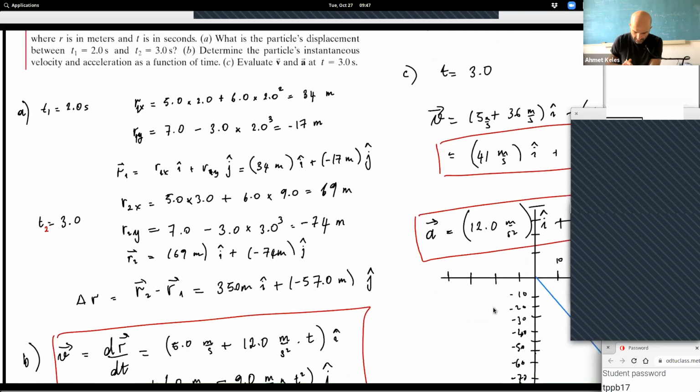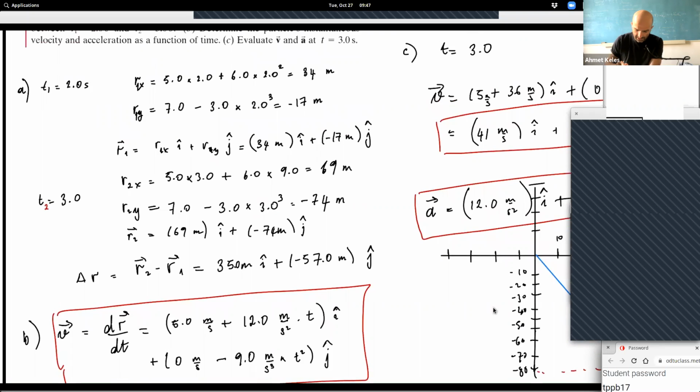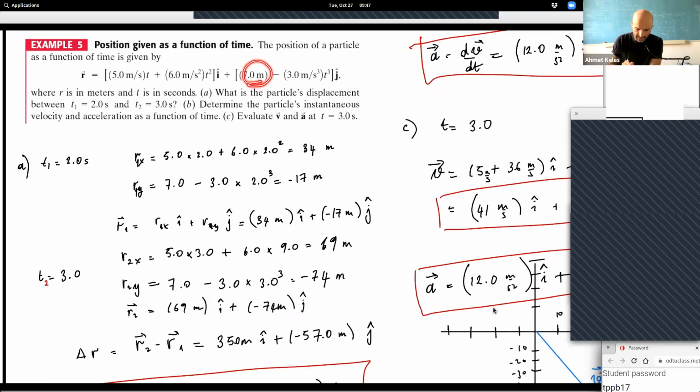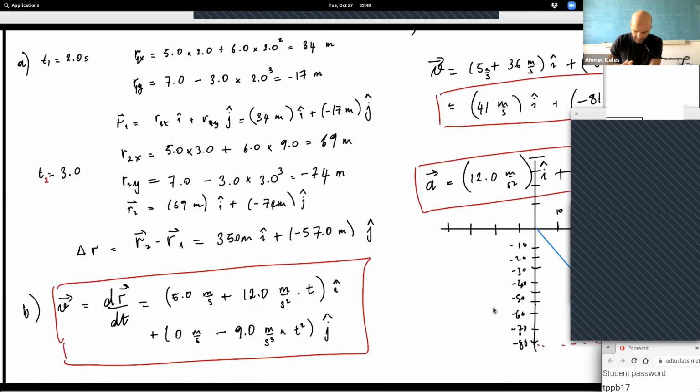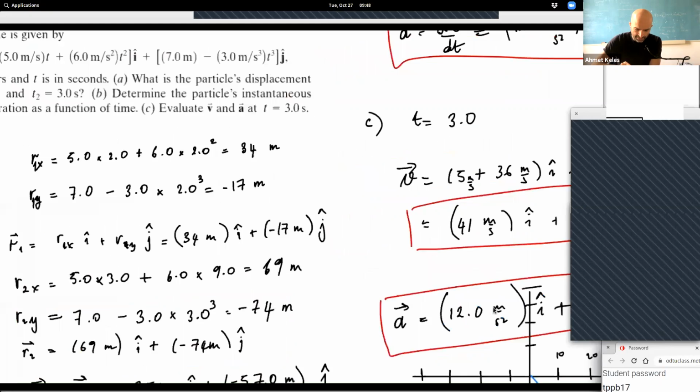It is 12.0 meters per second squared times t times i hat. This is the direction of the first one. Taking the derivative of this guy, it's 0 minus 3 times 3, which is 9, minus 9 meters per second cubed times t squared. There is no, I think, so this is, yes, I see your question.